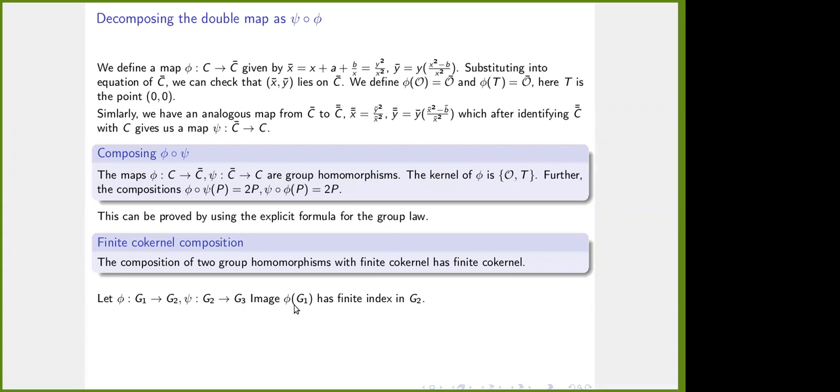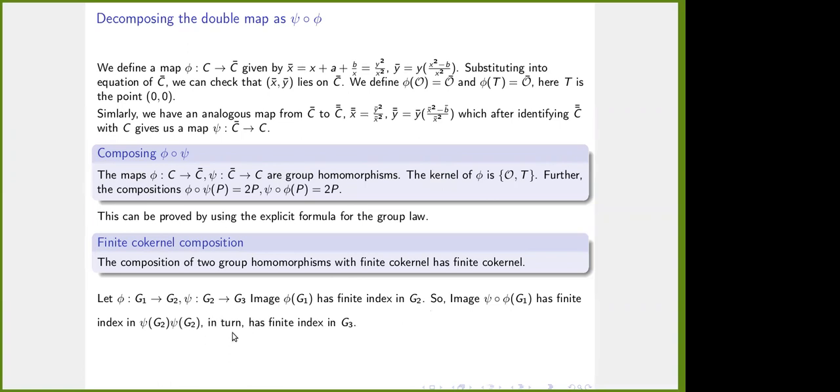That is the assumption. Then psi of phi of that group will have finite index in psi of G2, precisely because phi of G1 has finite index in G2.